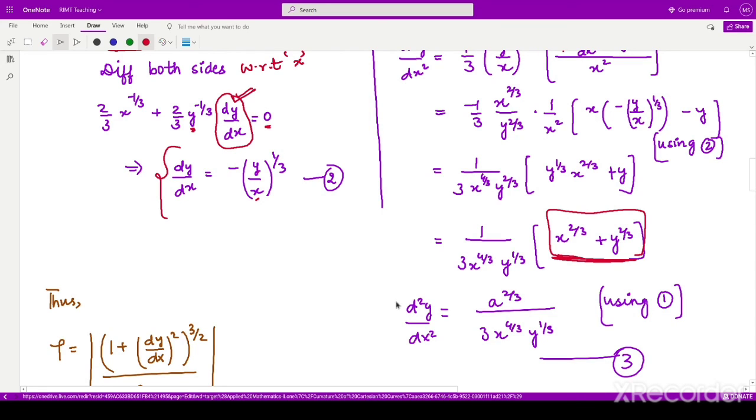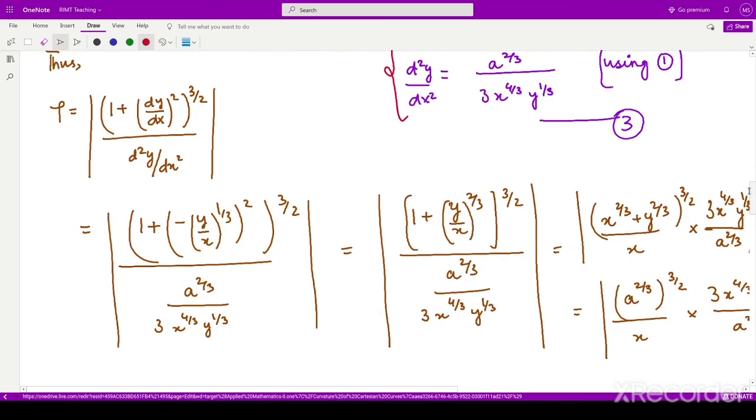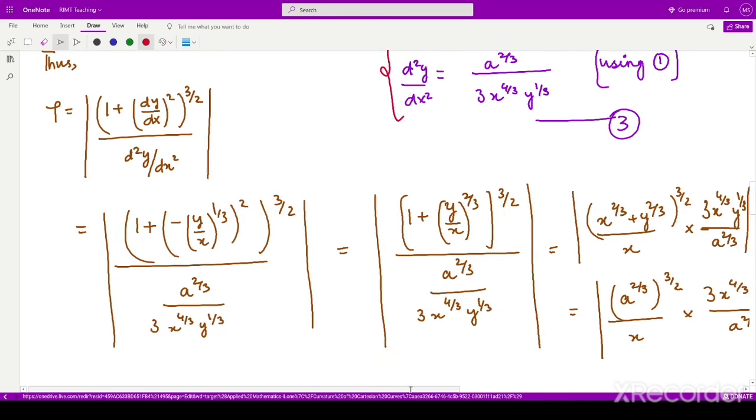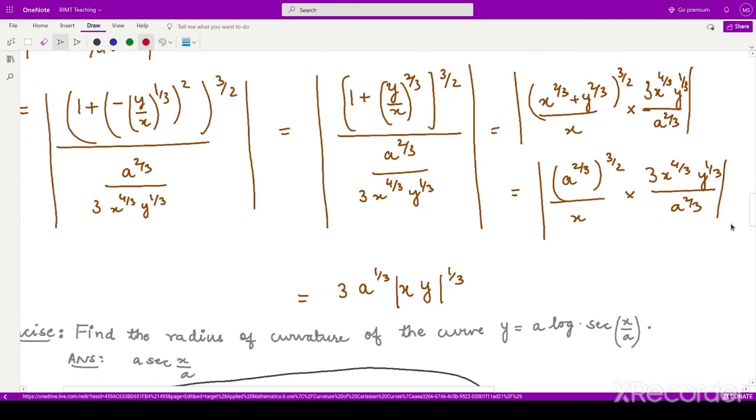Now you have the second derivative and the first derivative. You can substitute all these values in the formula to calculate the radius of curvature. When you substitute all these quantities and simplify a bit, you will have this as the final answer.